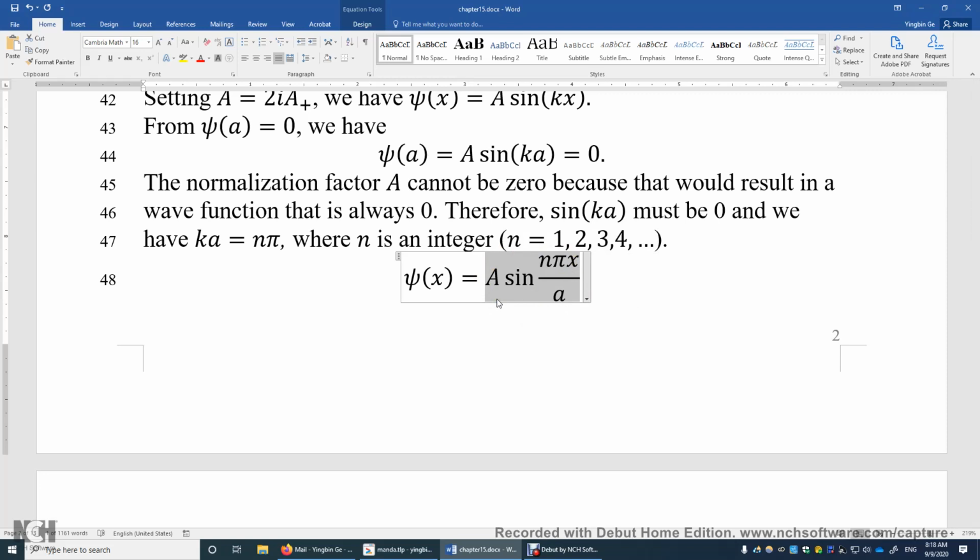However, as long as n is a positive integer, inside the box the value of this sine function is not necessarily 0, and it's possible to have a non-zero psi. That means the squared modulus of this psi is going to be positive, and that means we have a positive probability of finding a particle inside the box, and that probability should be 100%.